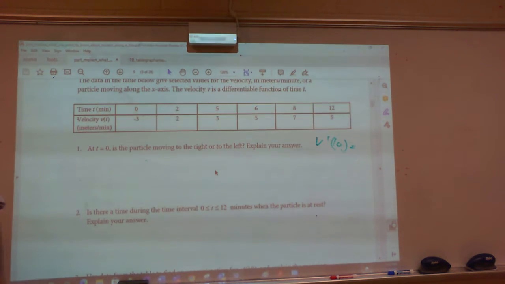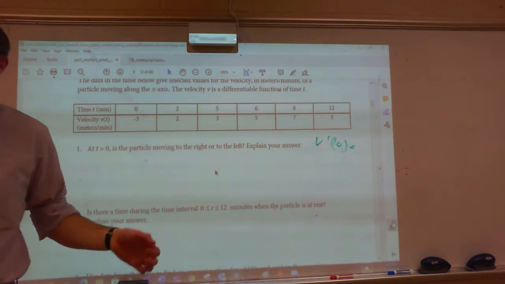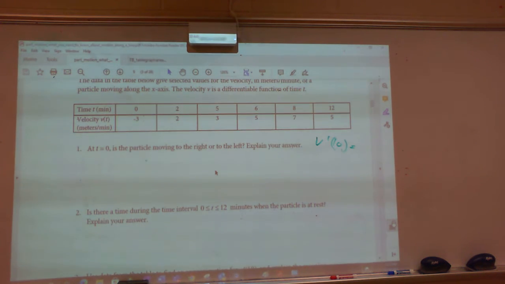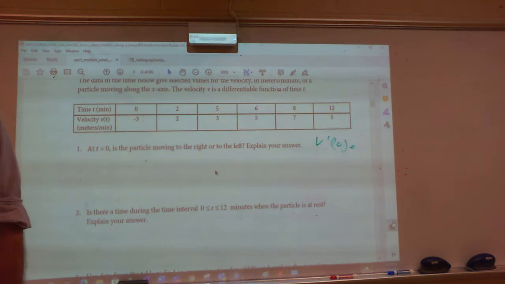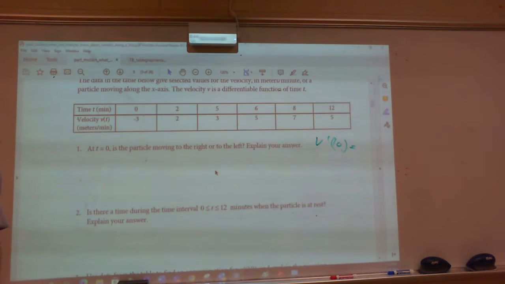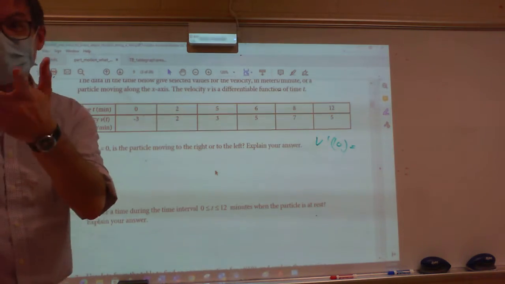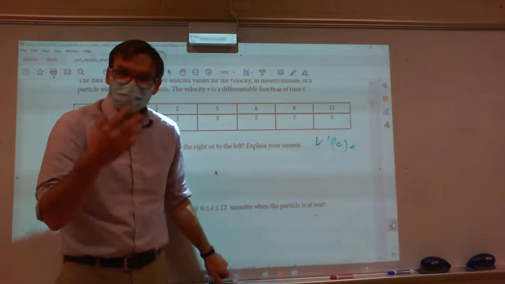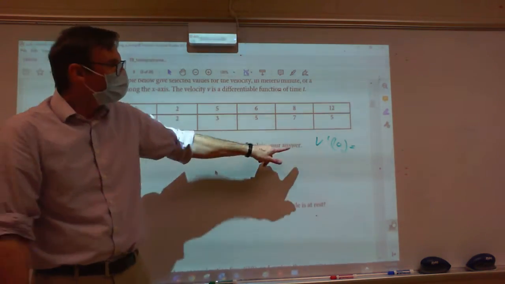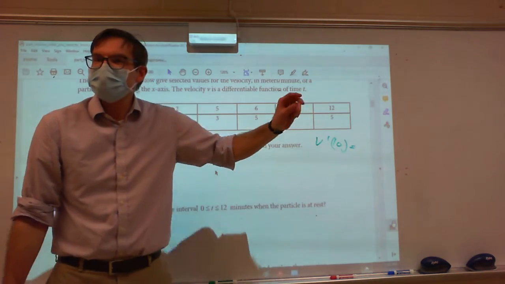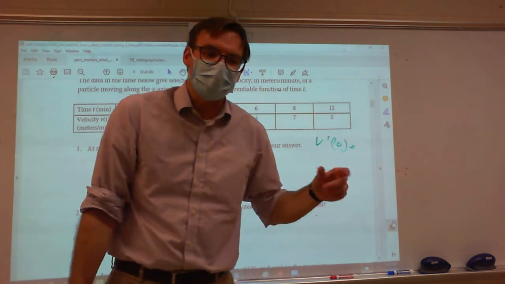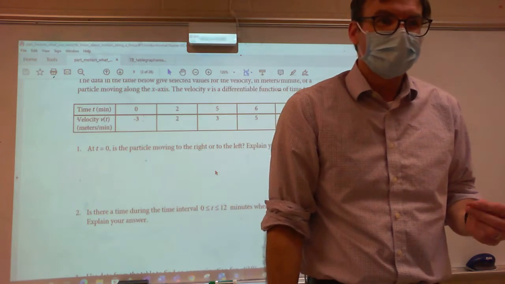But how could I come up with an approximation of V prime of 10? You just think of what V prime is, which is changing V. All right. So yeah, that's what we're doing. But anytime you see derivative, what is the key word you think of when someone says derivative?